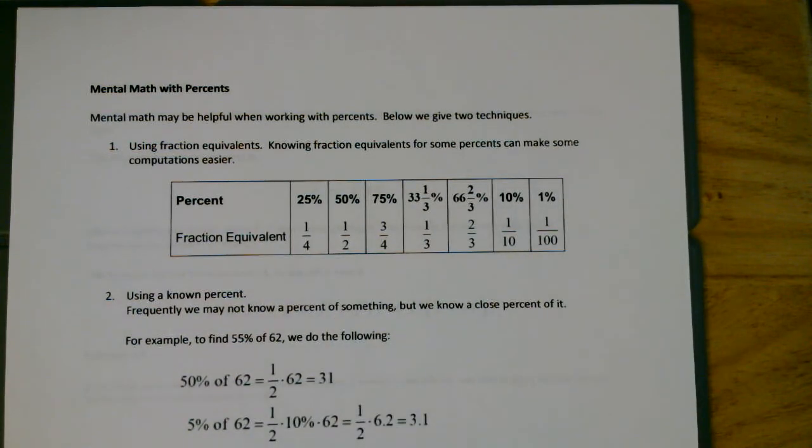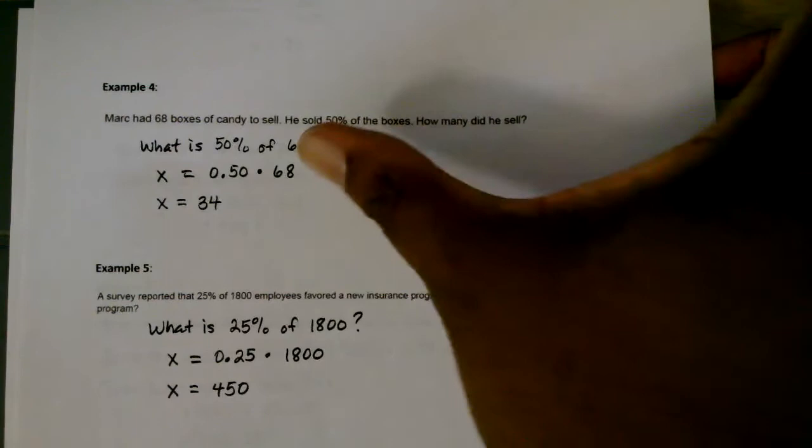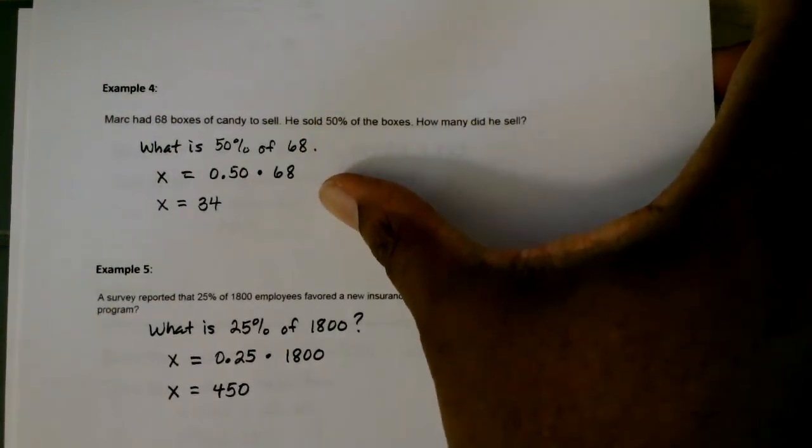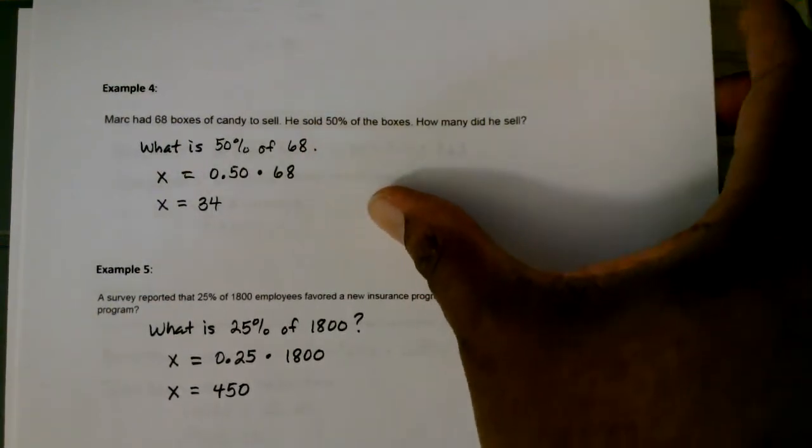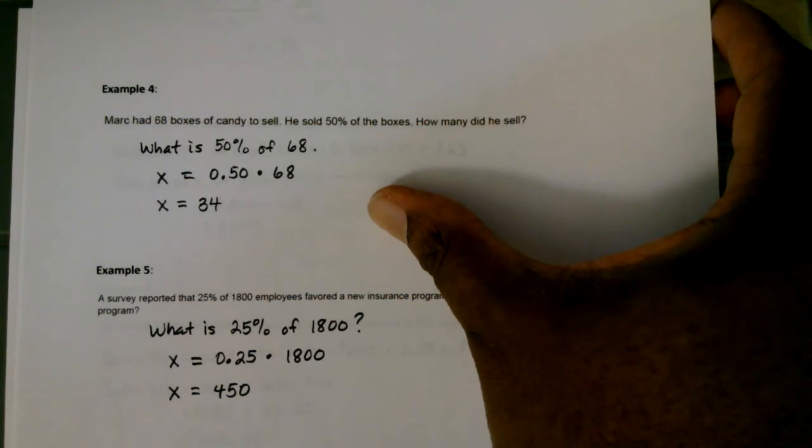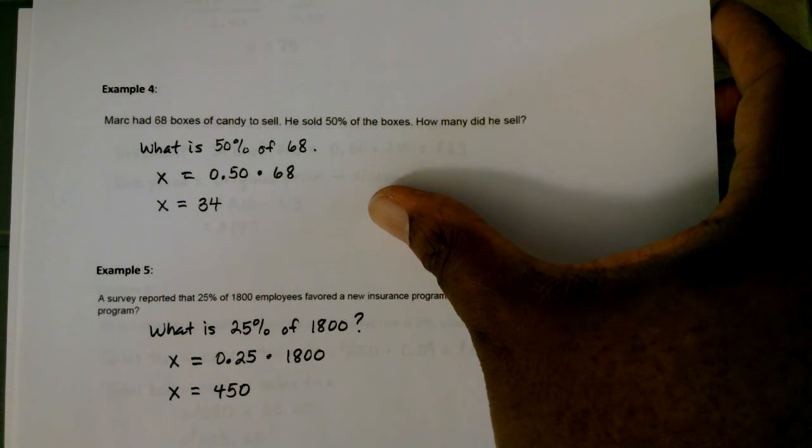Now, some of the examples that I showed you in the video, we could have used mental math techniques. I will show you a couple of examples that I already did, which could have used a fraction equivalent, like in example 4, when we did the number of boxes that Mark sold, where we were finding what is 50% of 68.